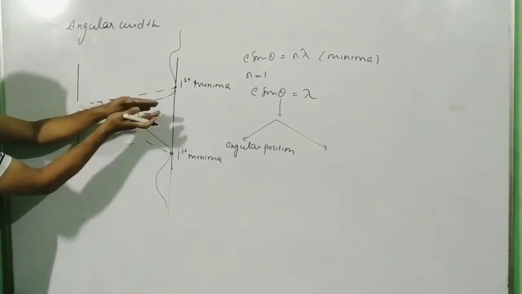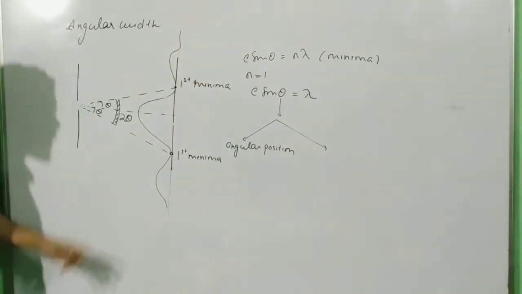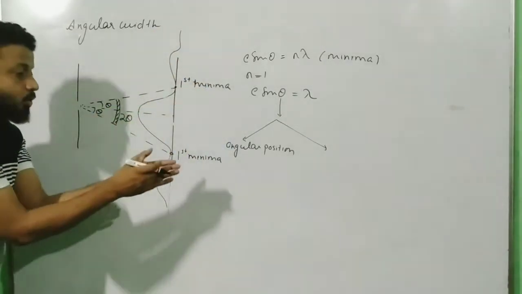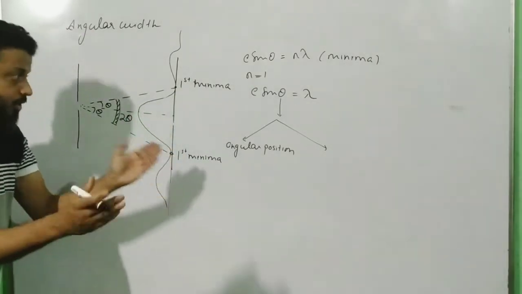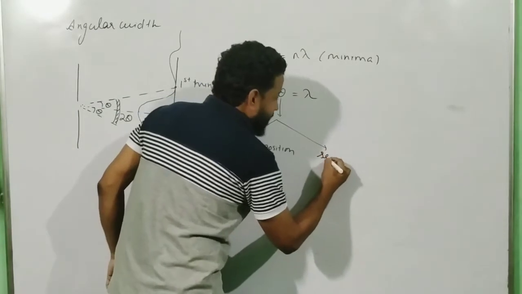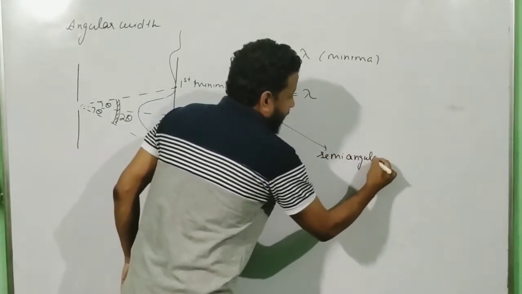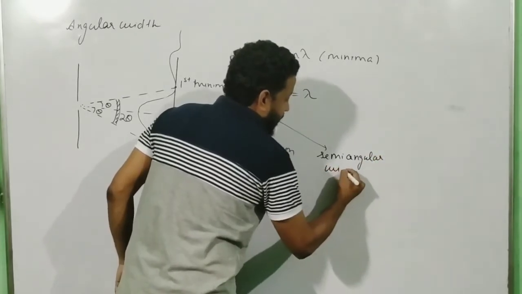Correct? So the boundary of central maxima is nothing but the position of minima. And with this trick we find the angular width of the central maxima. So I can also call this theta the semi-angular width.